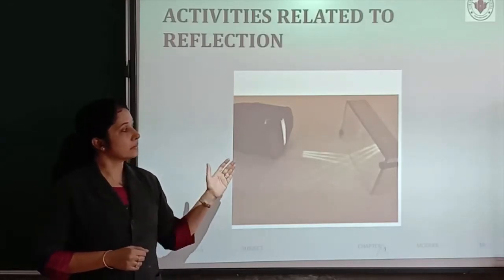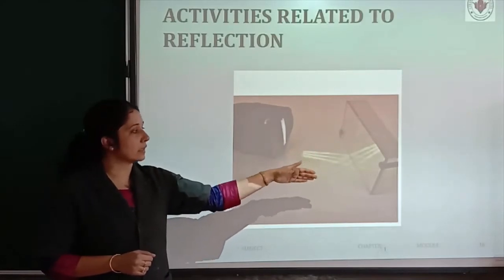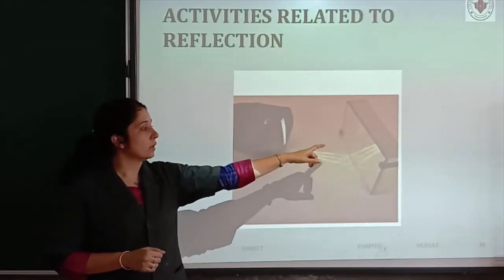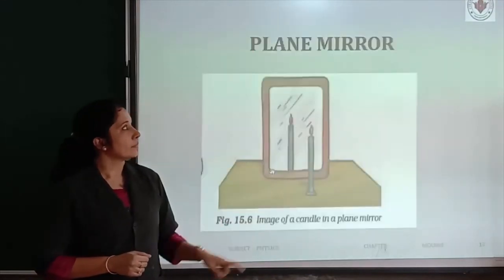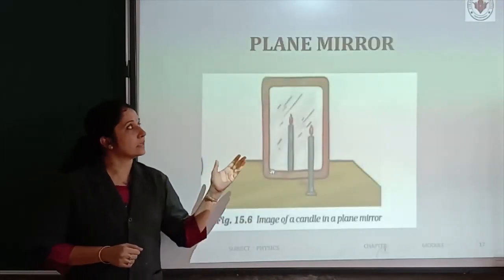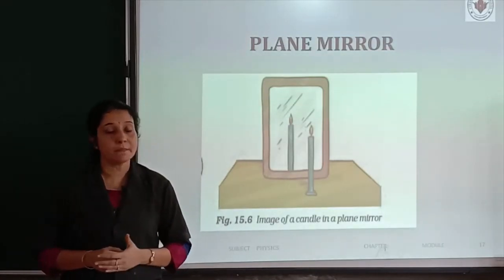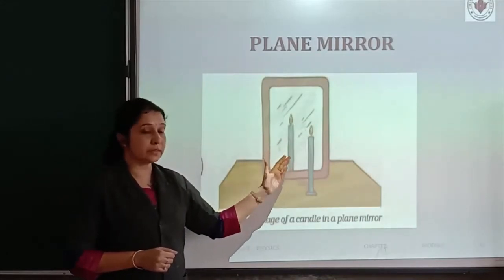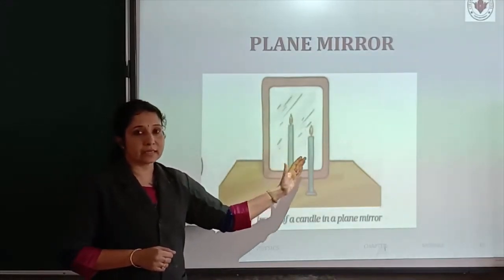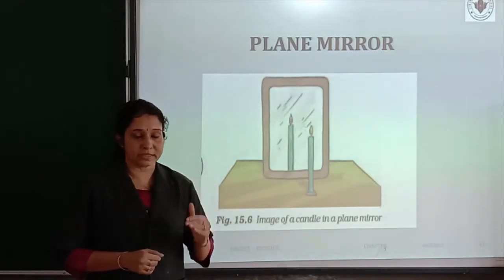Now the plane mirror reflection, this activity might have been demonstrated in the class. You are seeing the reflection of light from a plane mirror. And from this you can understand the various characteristics of the images formed by a plane mirror. Now the candle is placed in front of a plane mirror, and what do you call this candle which is placed in front of a plane mirror? The candle can be called an object.